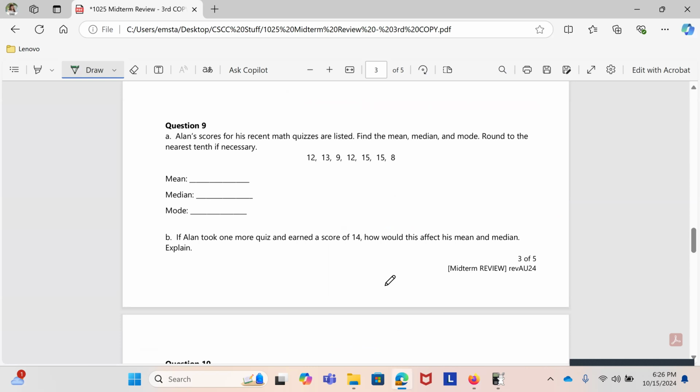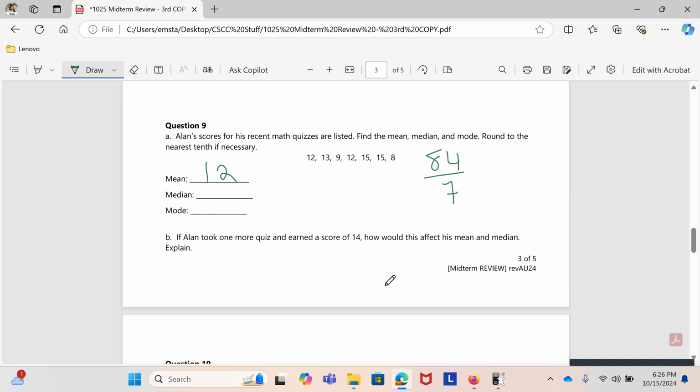And hopefully someone's adding with me. I got 84. Can anyone confirm that? 84. Awesome. How many pieces of data were there? How many quiz scores? 7. So then for the mean, take 84 divided by 7. What do you get? 12. Beautiful.